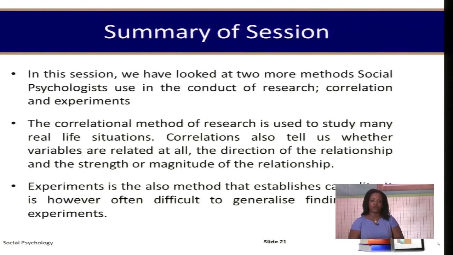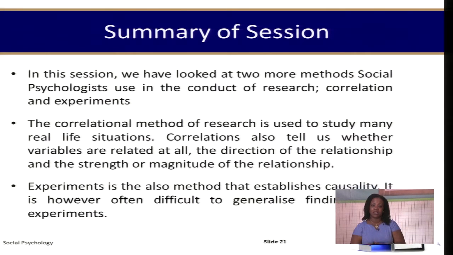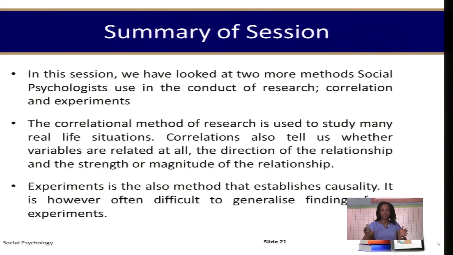So this session basically has sought to look at two main methods in social psychology. If you read the mandatory text, most of the findings are based on these methods, particularly experiments. So we say that yes, these methods are used. Correlation looks at relationships. Are variables, are behaviors related?